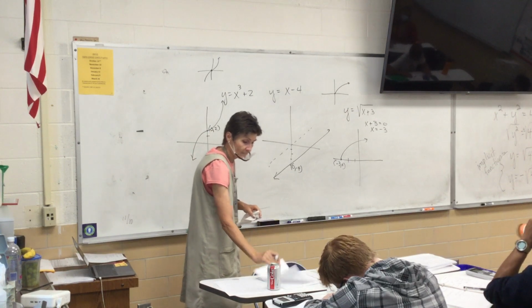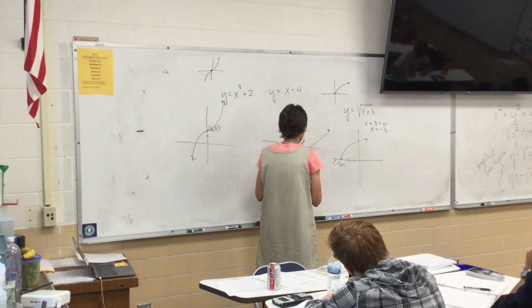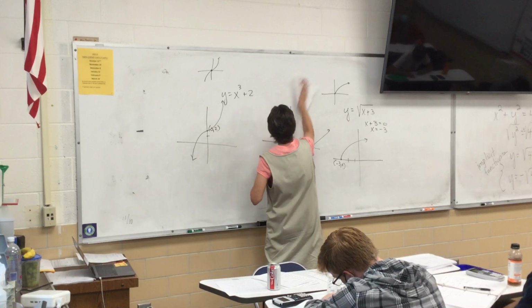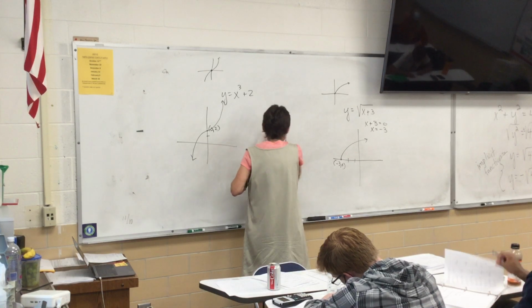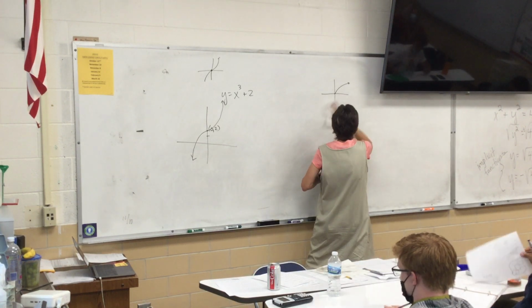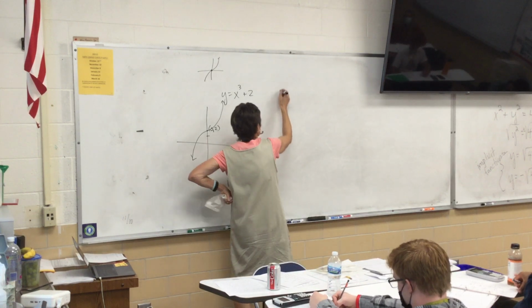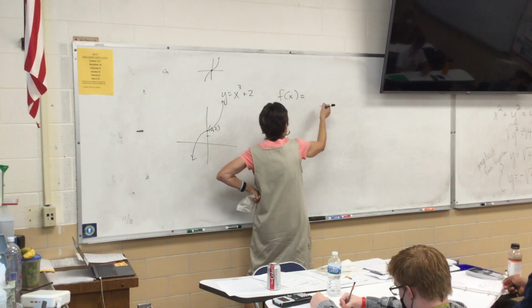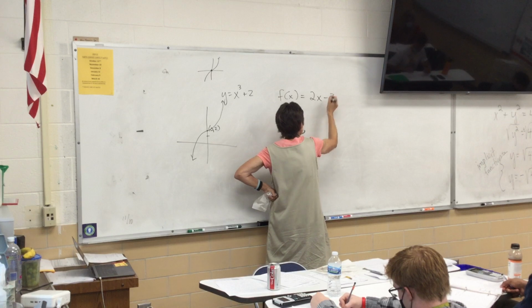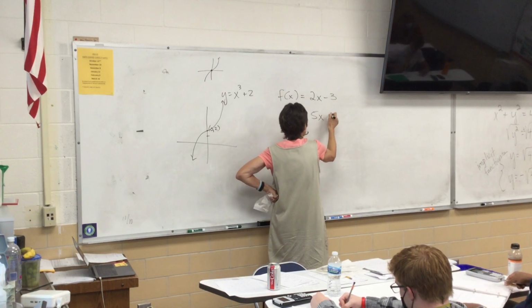All right, so that's it for that review. Turn that over, and there's a little bit of space on the back side. But here's what we're going to do now. I want you to practice this one more time. So f of x is 2x minus 3, and g of x is 5x plus 1.